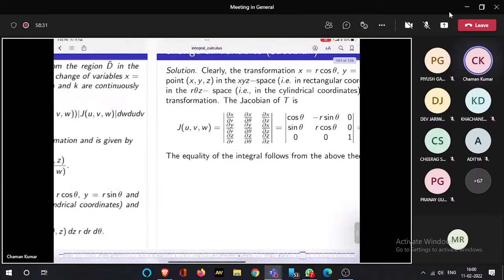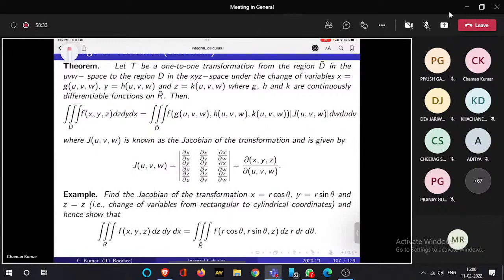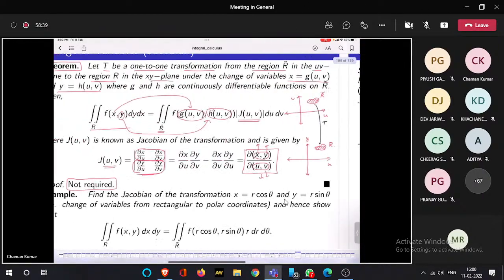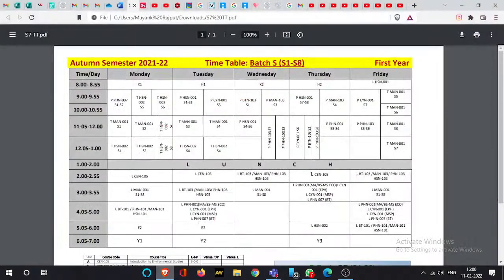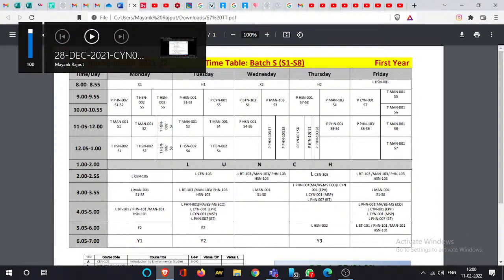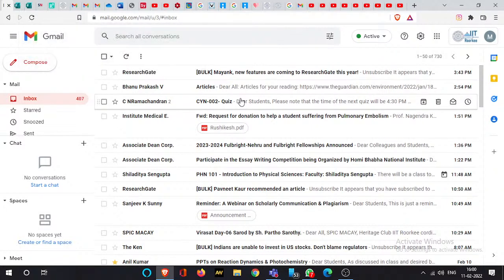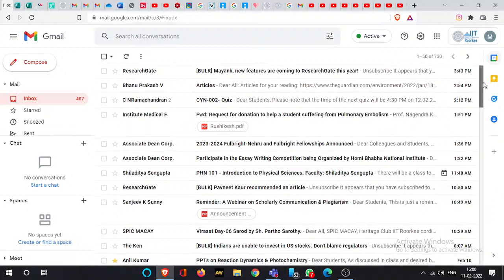Now look at this example. Let us go back. So this is another example of the Jacobian transformation. Remember, if you recall from our previous discussion on double integrals, dx dy was the infinitesimal area in rectangular coordinates.